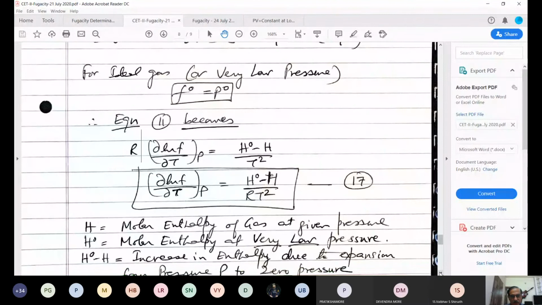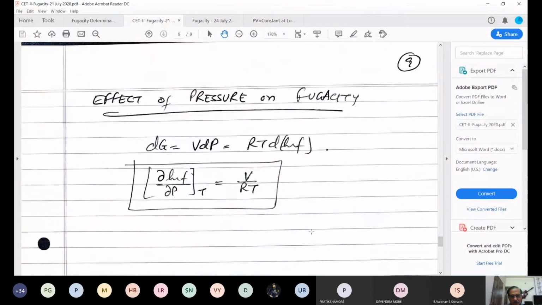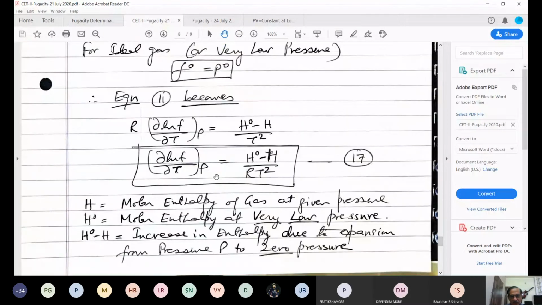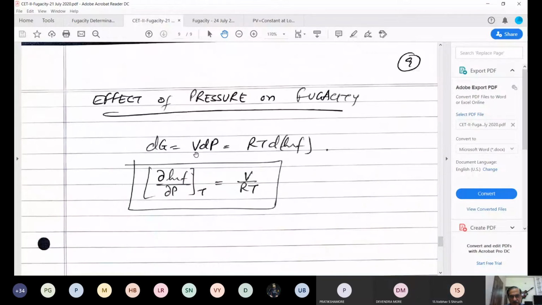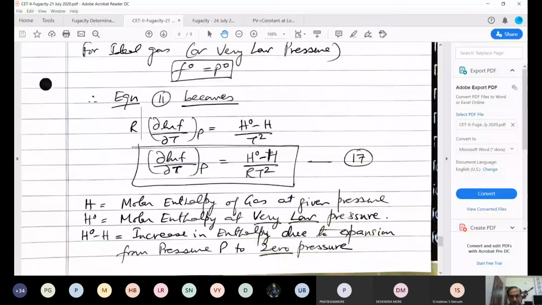Yes sir. Okay, so effect of pressure लेने का है, effect of temperature हो गया. Effect of pressure, सर वो H0 minus H नहीं समझा सर. Means increase in the enthalpy. H0 is at very low pressure, this is at high pressure, right? So difference क्या होता है?